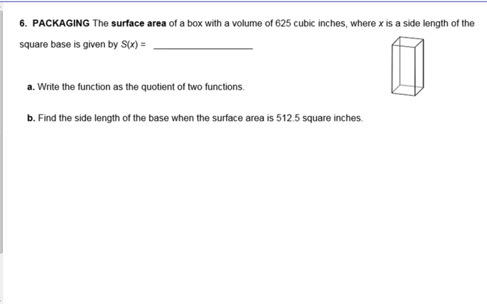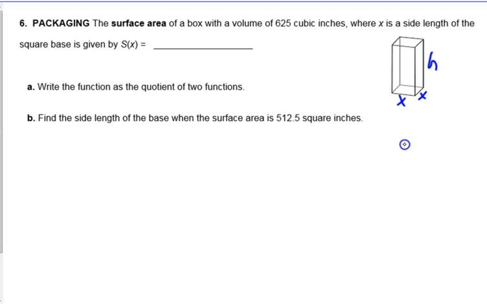All right, application. This is the surface area of a box with a volume of 625, where x is the length of the side of the square base. So this is x, and I'm just going to write height for a minute here.